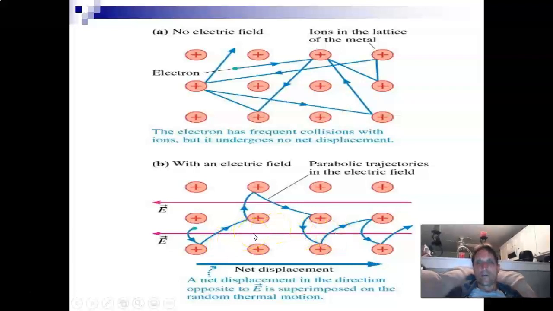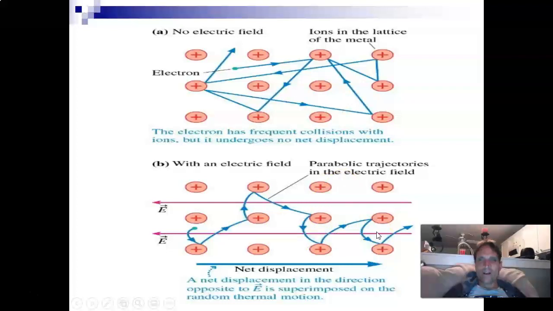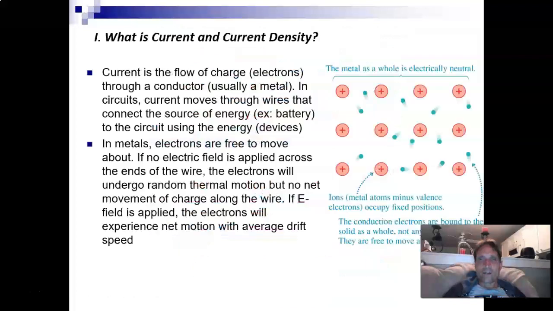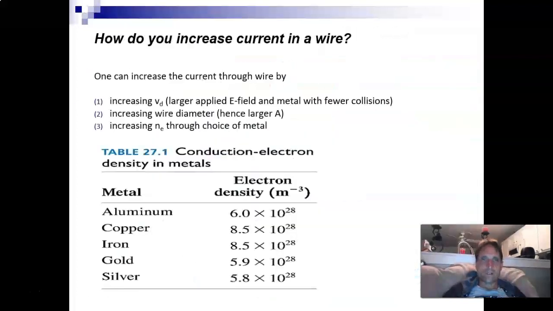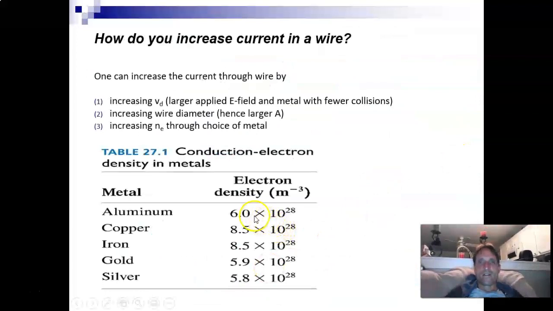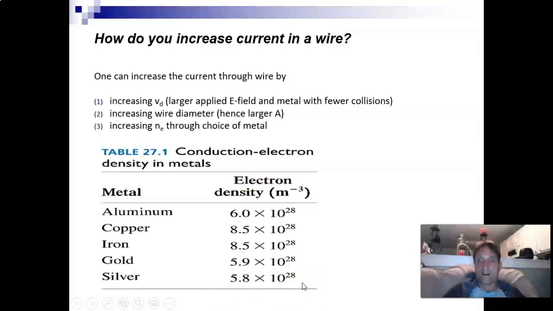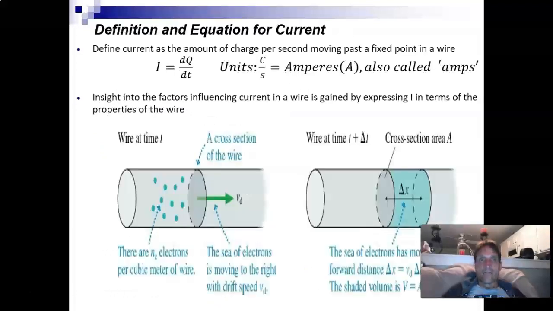So then you think, well, if they're moving so slowly, how do we get a large current? We do, because there are so many electrons that are able to move. The electron density of silver is 5.8 times 10 to the 28th conduction electrons per meter cubed. So even if they're moving very slowly past a given point, with that high a density of electrons you're still going to get a fairly high charge per time moving past this point.